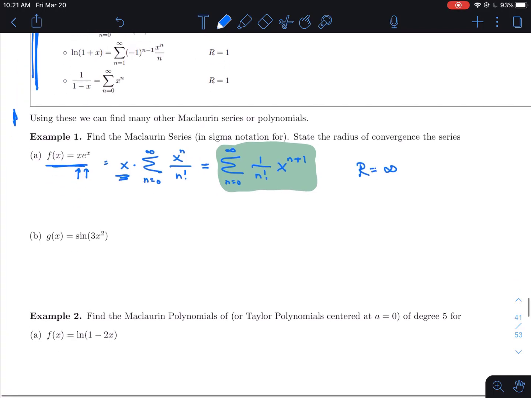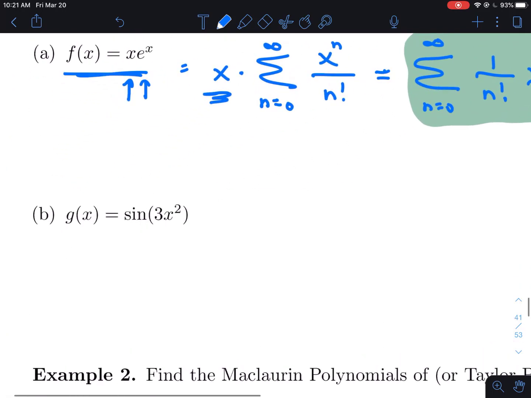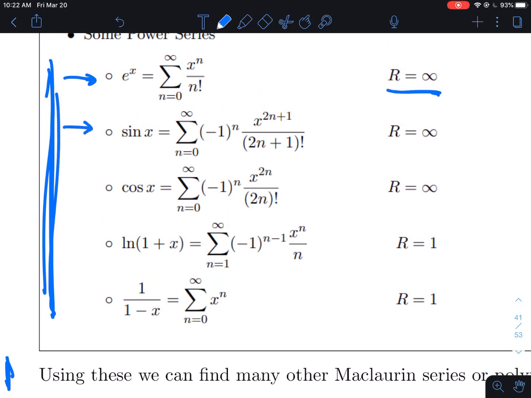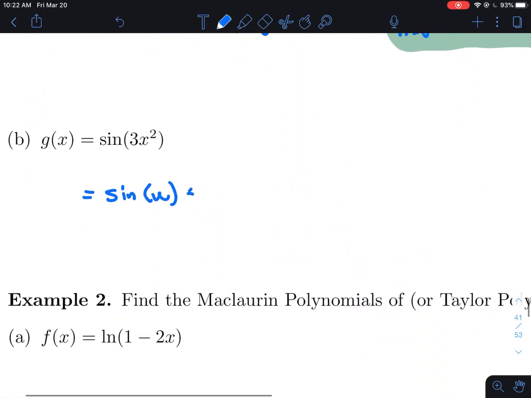Part B, another sort of trick here. We have sine in this case, sine of 3x squared. And again, we should think of this temporarily as sine of u or something like that. And remember, up here we have, from our formula sheet, a way to represent sine as an infinite polynomial. And so the way that we represent sine as an infinite polynomial is summing up from n equals 0 to infinity.